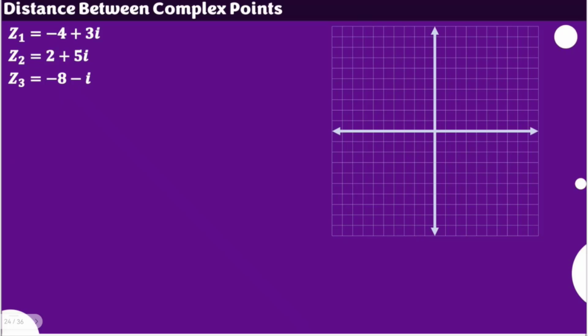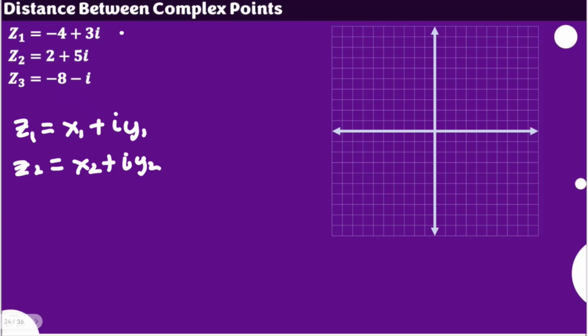That is because, generally, if you have a z sub 1, not necessarily this z sub 1 here, which we express as x sub 1 plus i y sub 1, and z sub 2 being x sub 2 plus i y sub 2, we can talk about the modulus of the difference between them as the distance.